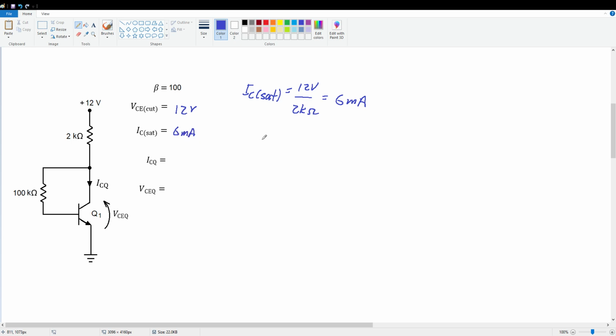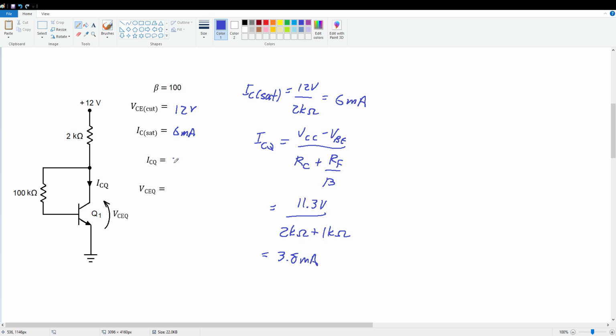All right, ICQ. Well, that's going to equal VCC minus VBE divided by RC plus RF over beta. So that's 12 minus 0.7 is 11.3 volts divided by 2 k ohms plus 100K divided by 100 is 1 k ohm. So we've got 11.3 volts divided by 3K, which is 3.8 milliamps.